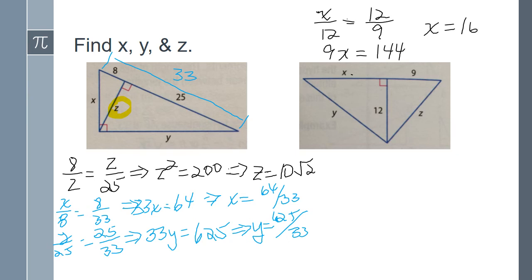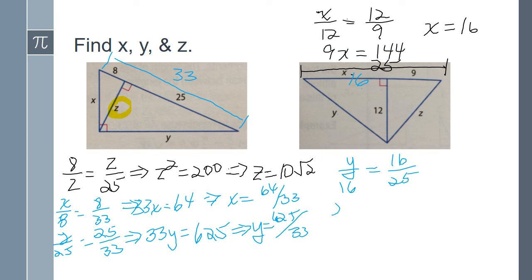So if this is 16, the whole length of this now is 25. So now we can solve for the rest of this. If this is 16, you may want to label it here. So y over 16 equals 16 over 25.